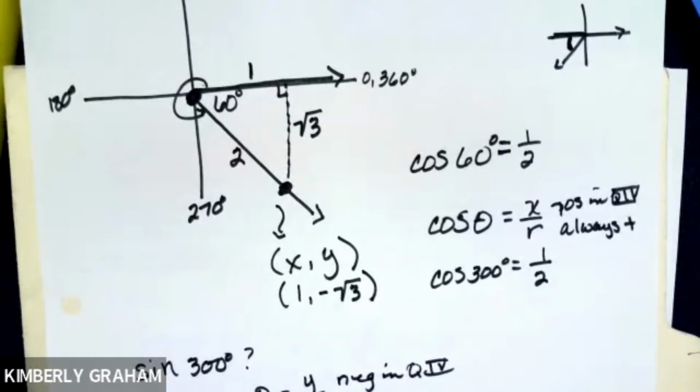So what I have to do is figure out whether my answer is supposed to be positive or negative, and then figure out the trig function of my reference angle. And that's actually where that step-by-step paper came in the other day.